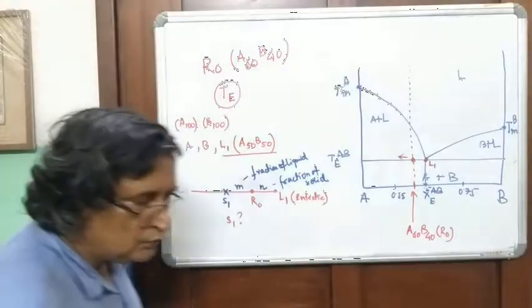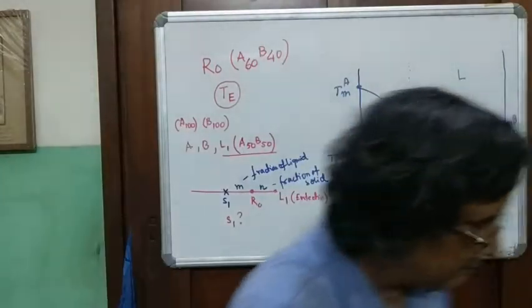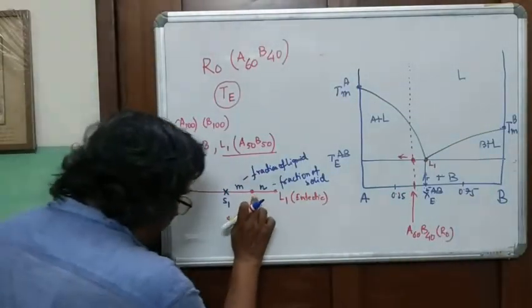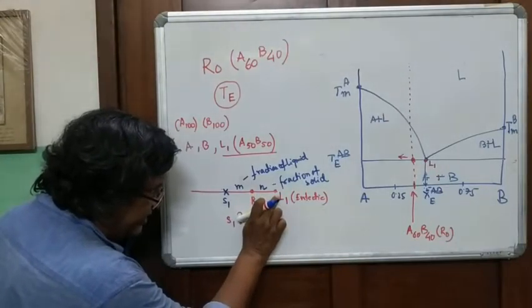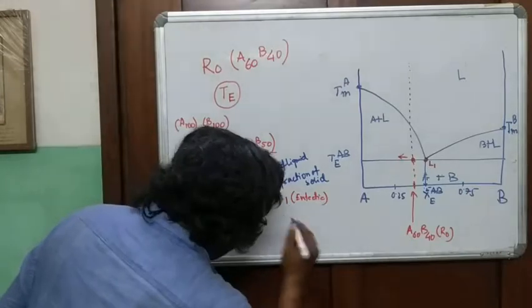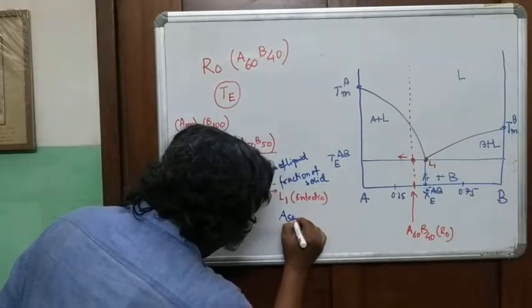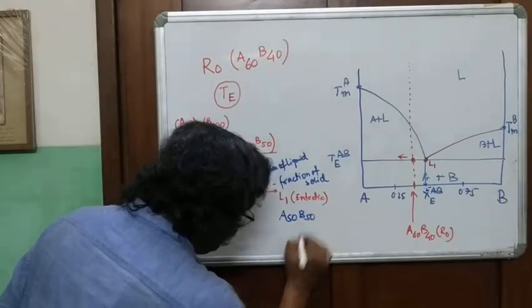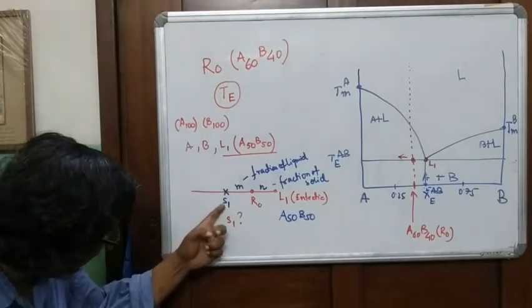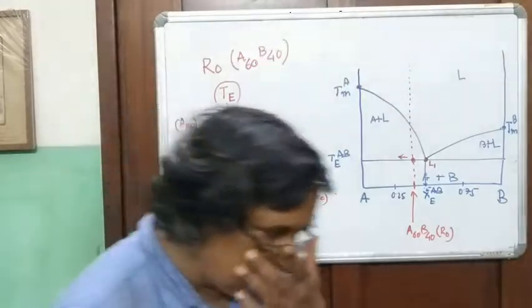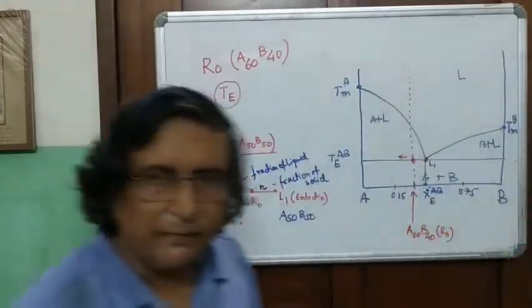It's the lever rule. See again. If I take R0 and melt it, the first liquid will be of eutectic composition. This liquid will be A50, B50 in composition. But we are trying to find out where S1 will be.